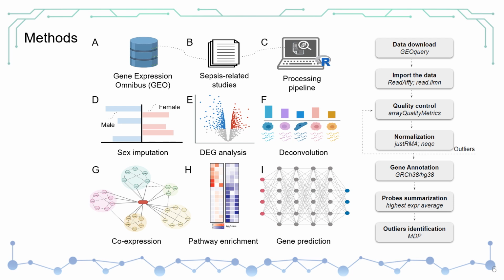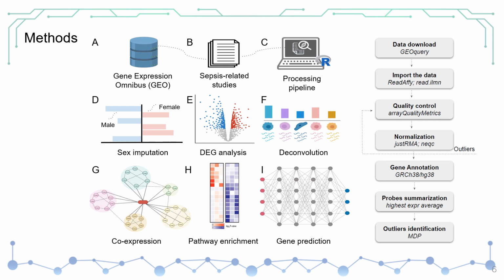Our methods include downloading the gene expression data of sepsis-related studies and processing this data in R through a pipeline. Our pipeline includes data download, importing the data, quality control, normalization, gene annotation, probe summarization, and outliers identification. Next, we do the sex imputation.